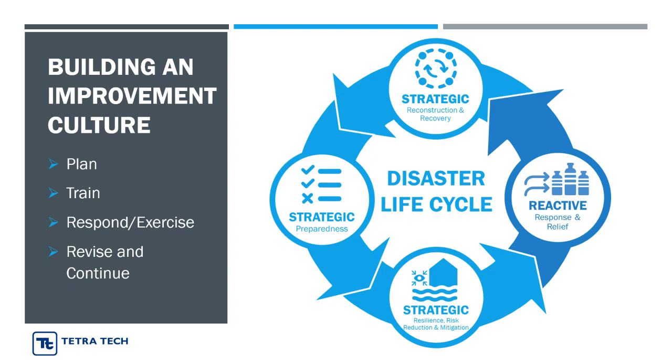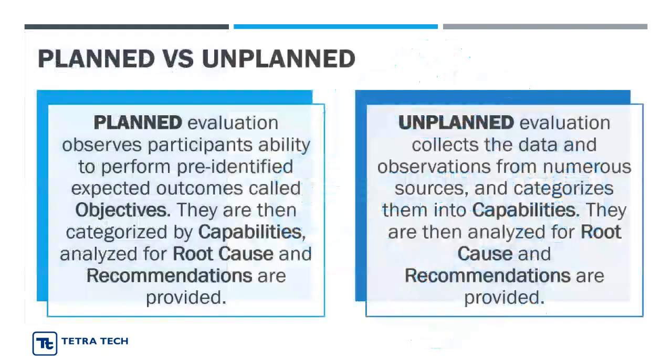So what's the difference between a planned event and an unplanned event? It's an important nuance. In a planned event, we know the capabilities that we're going to utilize and that we're going to ask people to demonstrate. We know that they're going to have to demonstrate these lists of tasks or activities, and we can categorize them.